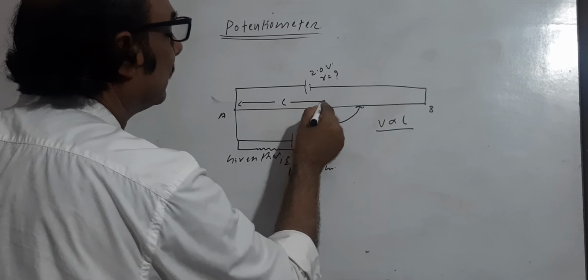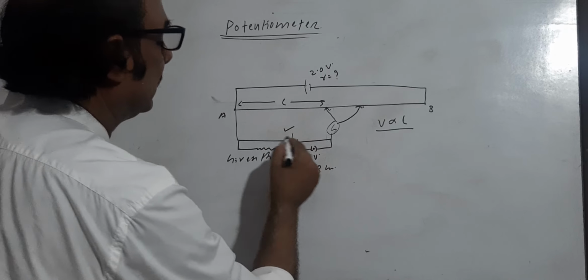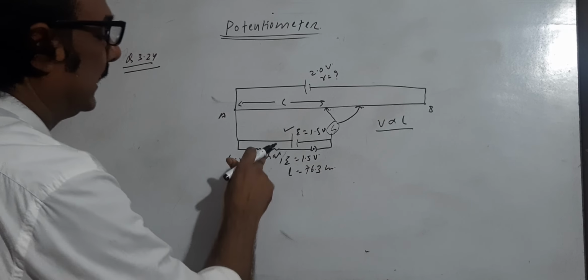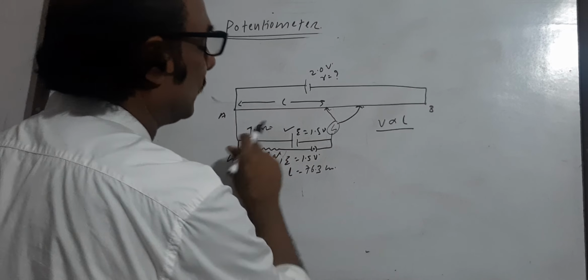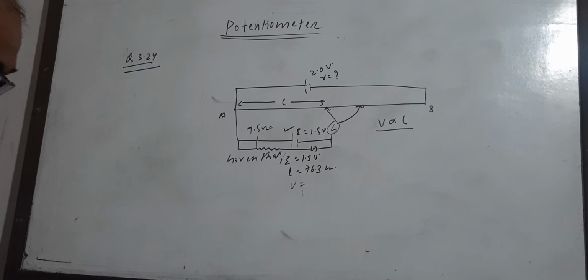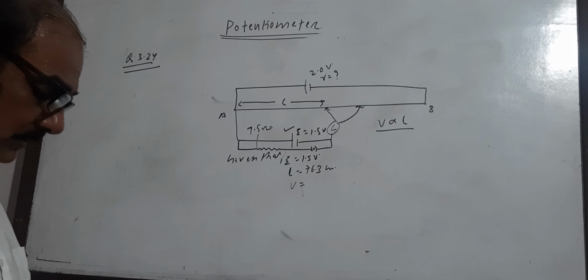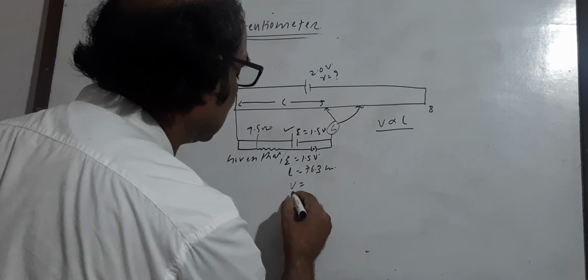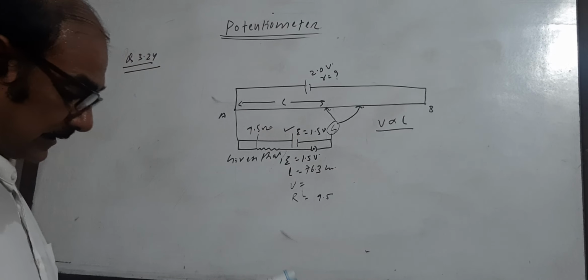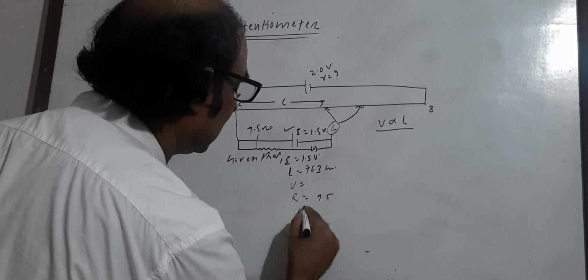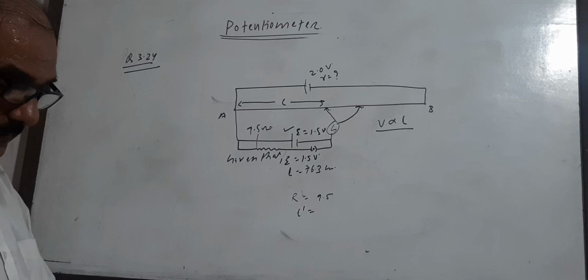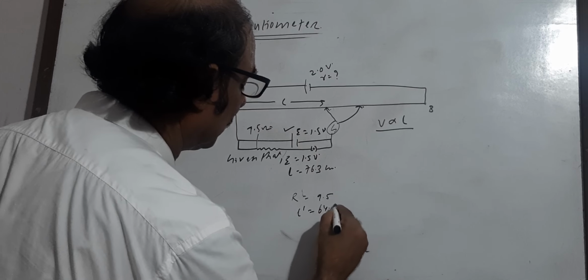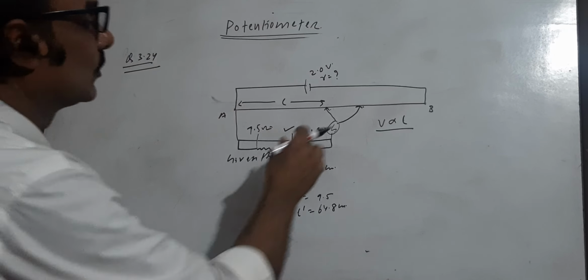So this is the length L for the balancing length of the cell of EMF E equal to 1.5 volt, and for the resistor of the value 9.5 ohm, the external resistance R equal to 9.5, and the balance point L dash is equal to 64.8 centimeter.